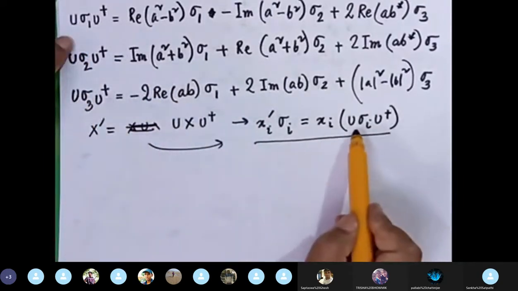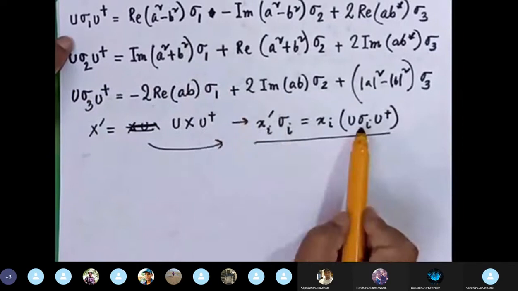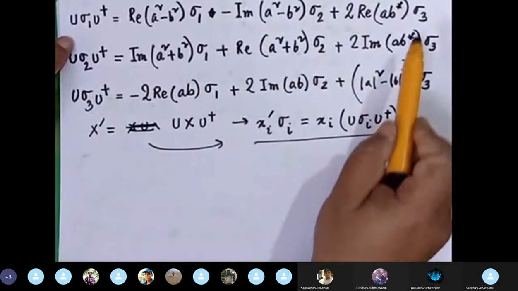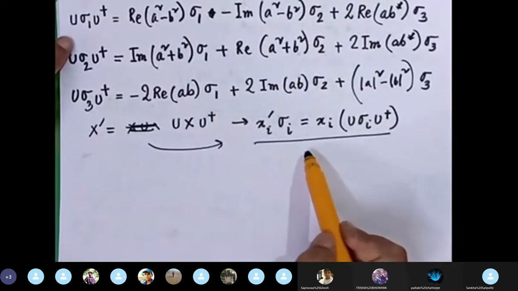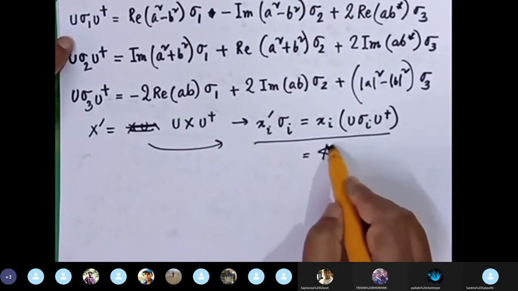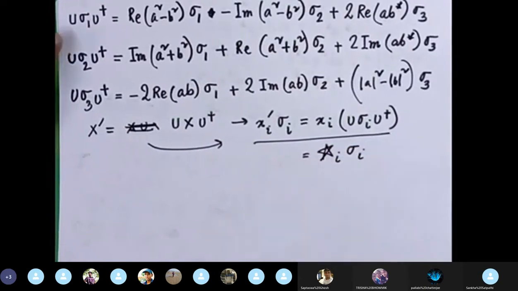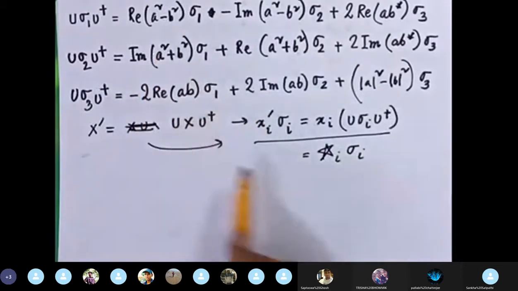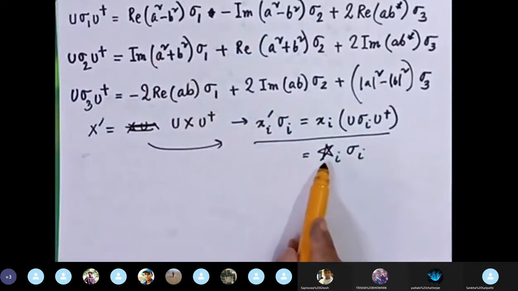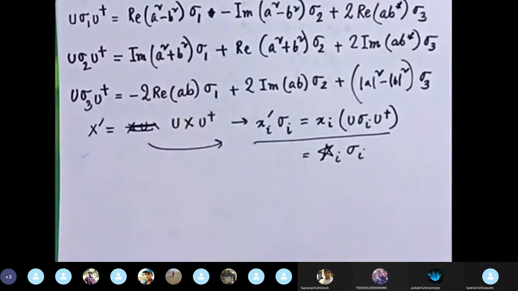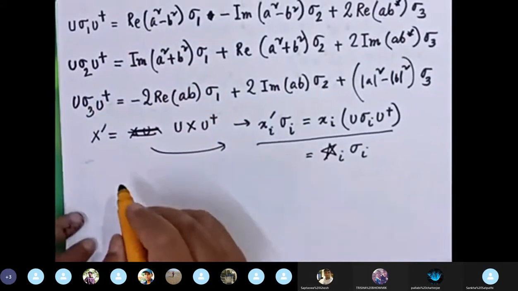So everything will be in terms of, for the first one there are 3 terms, for the second one there are 3 terms. So collect all the sigma 1, all the sigma 2, all the sigma 3 together, and you can write this as some number into sigma_i. Clear? This star i will contain all these terms. So this star 1 is how much? x1 into this plus x2 into this plus x3 into this. Okay, so you can see this also directly.